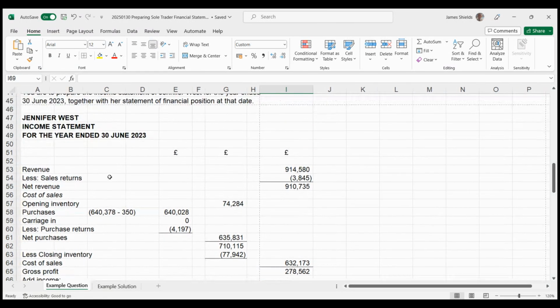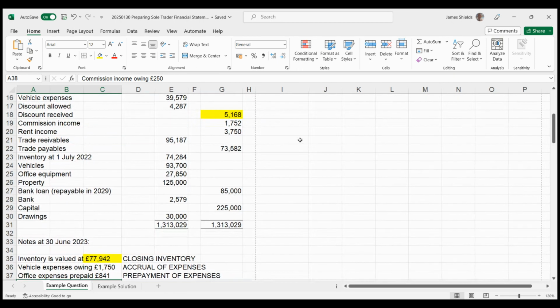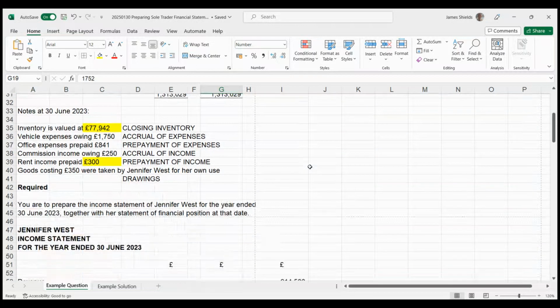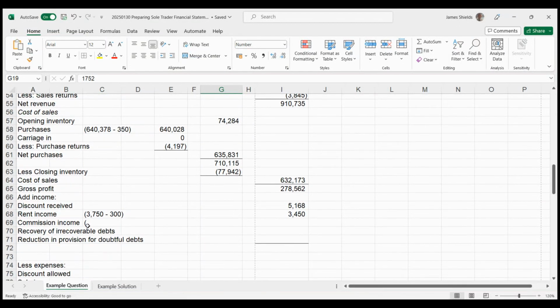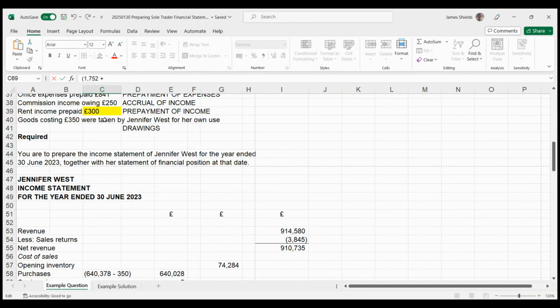Commission income, again, it says commission income was owing, so we were due another £250. So I need to find my commission income figure, which is 1752. Put it in the brackets, it's a small calculation. So 1752, then plus, because it was owing to us, £250.